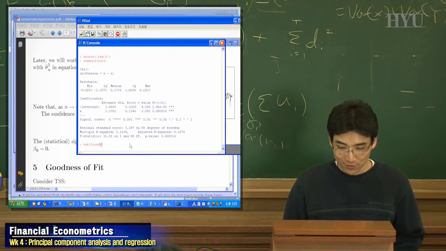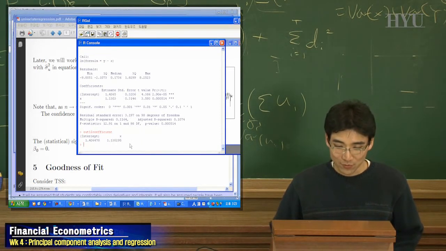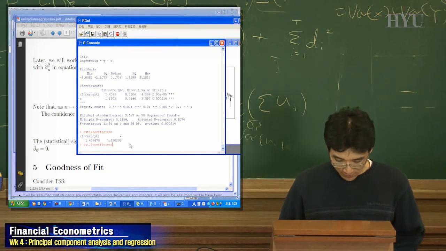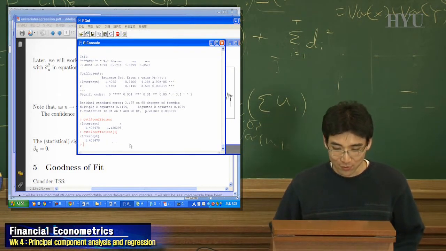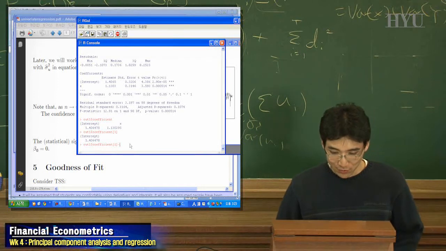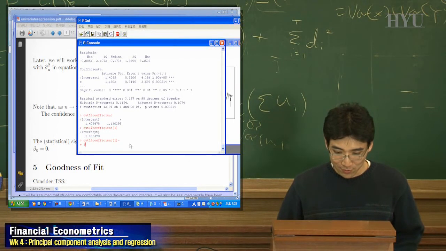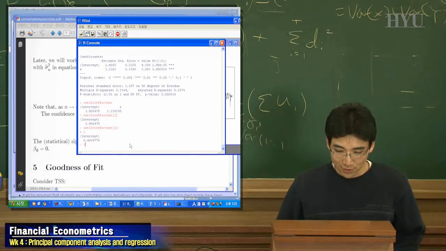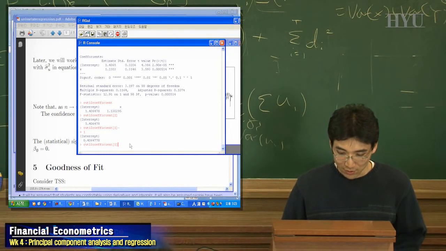I forgot the coefficient. Okay, coefficient minus the first element, this one, so minus 1. It looks like this, and then let's see, the standard error.